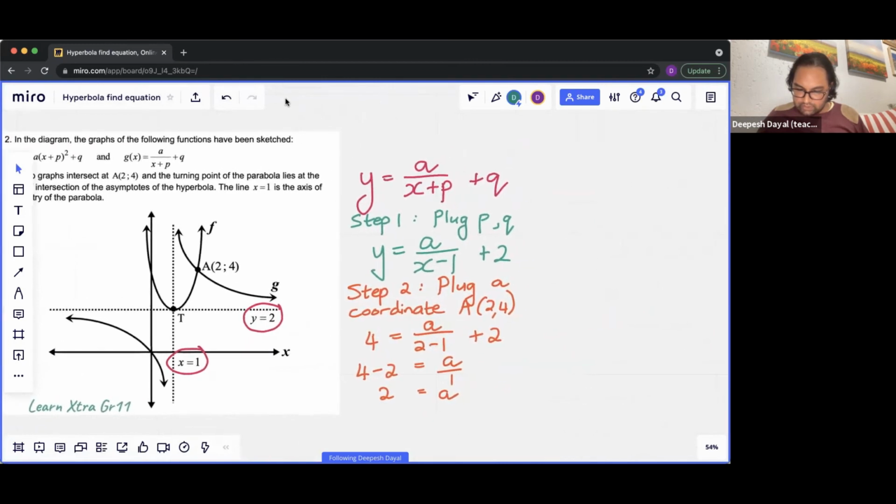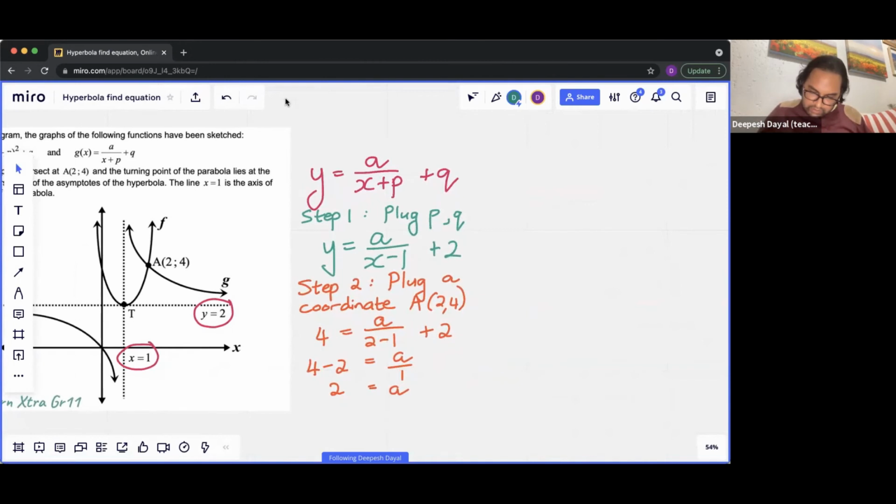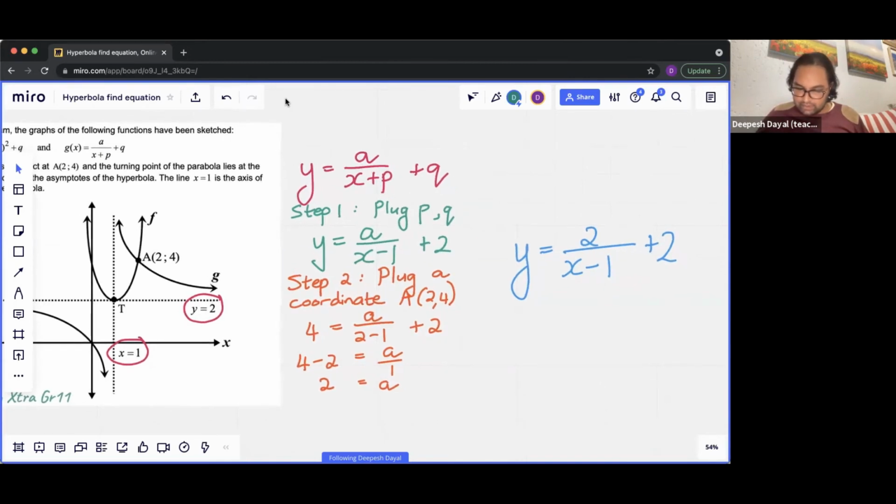So okay, I'm going to shift this across here. Remember what we need, we're just using our P and the Q and the A. So it's y equals 2 over x minus 1 plus 2. 2 over x minus 1 plus 2. And let's circle things here.